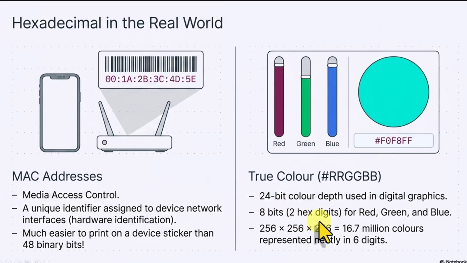Here we have 3 sets of 256: 256 combinations, 256 combinations, 256 combinations. That makes 16.7 million colors. So in that 24-bit color depth, you can show 16.7 million different colors, and that is neatly shown in only 6 digits with the help of hexadecimal.